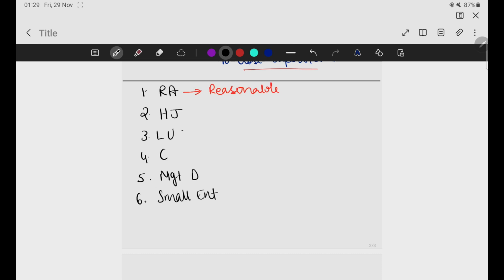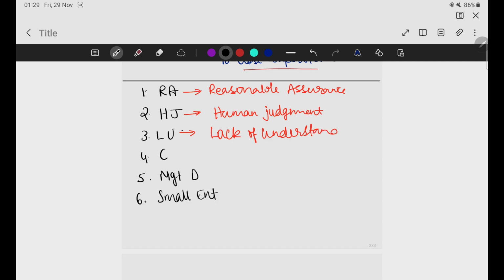Reasonable assurance. Second point is that human judgment is involved. And the third point was lack of understanding, right? Lack of understanding. Fourth point is that there could be collusion among people.